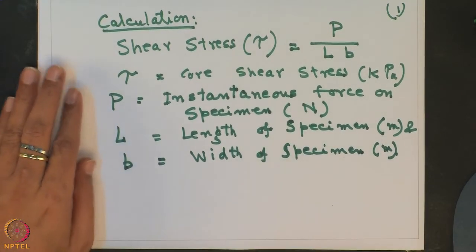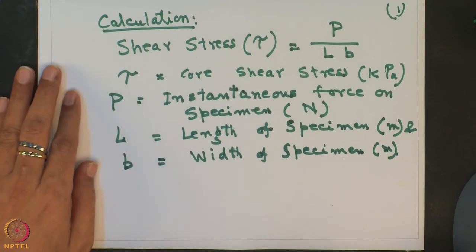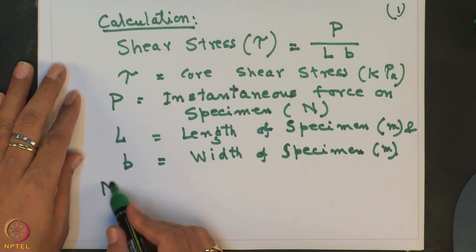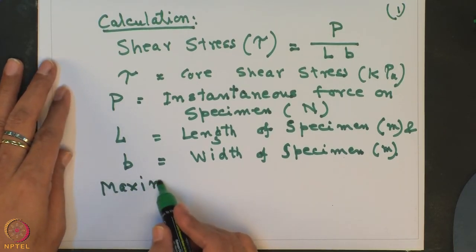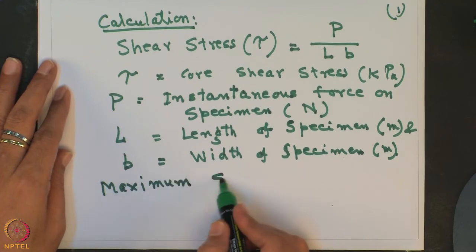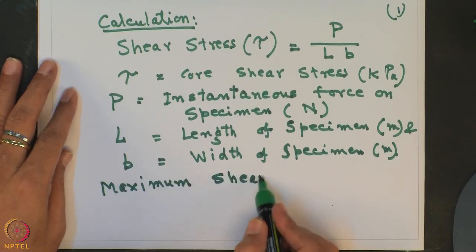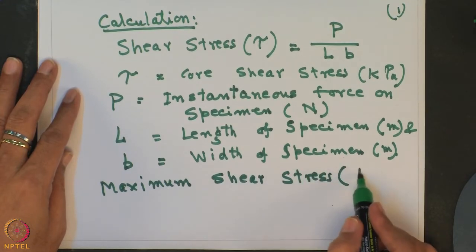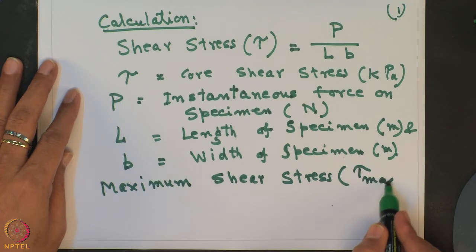So, from this test you can determine the maximum shear stress, and that is designated as tau of max.